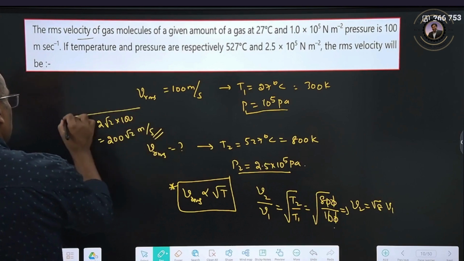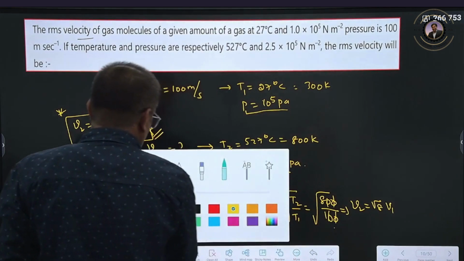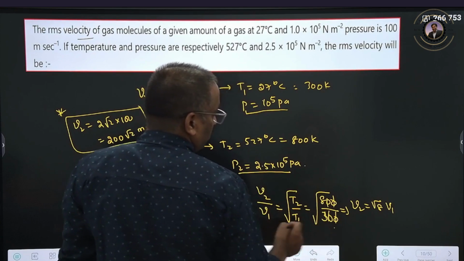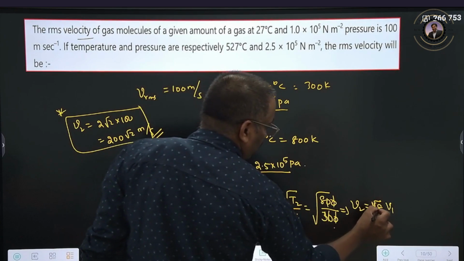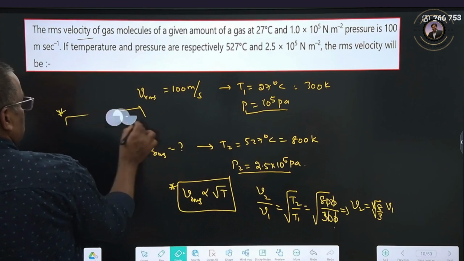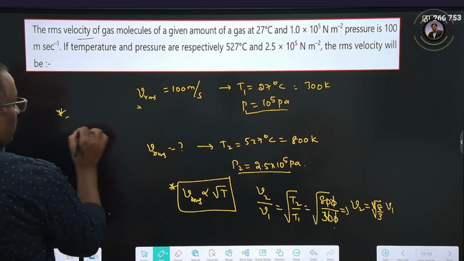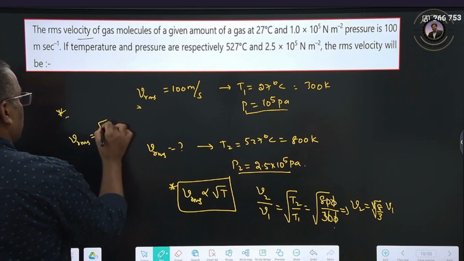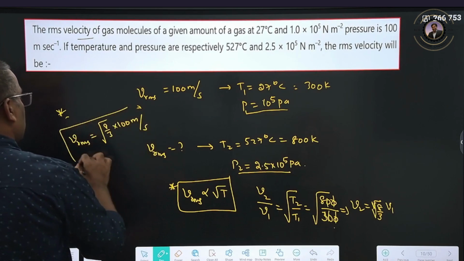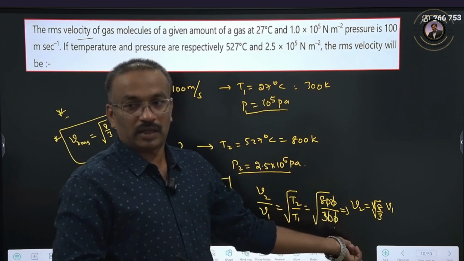Actually, we made one small mistake: it is not 100, it is 300. So root 8 by 3 into 100 meters per second is your RMS speed. I substituted 100 there, so you change it.